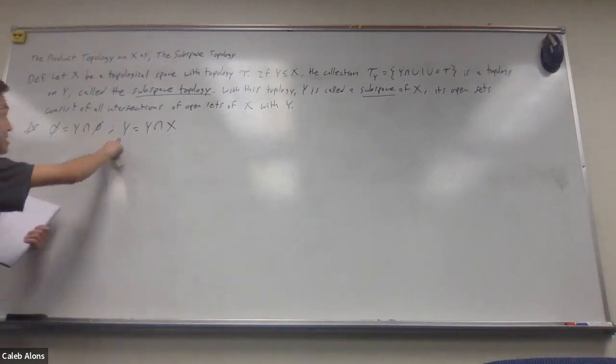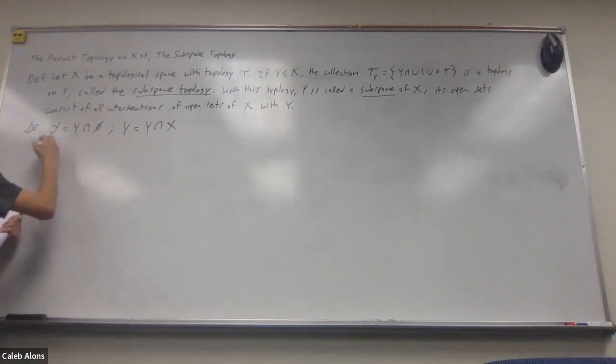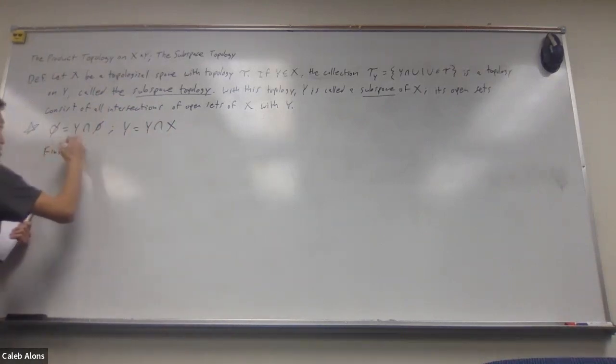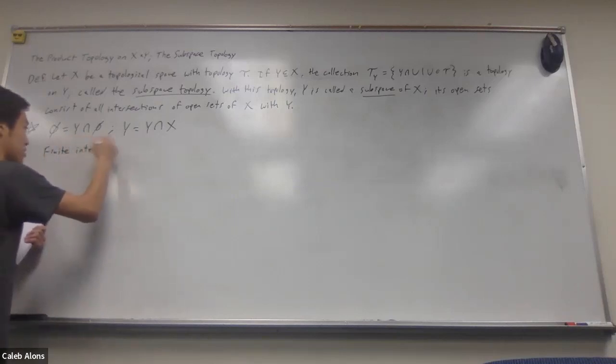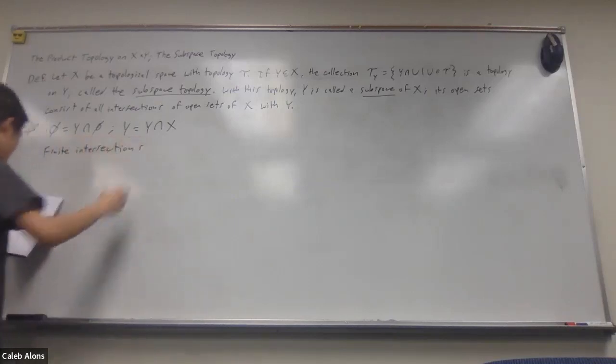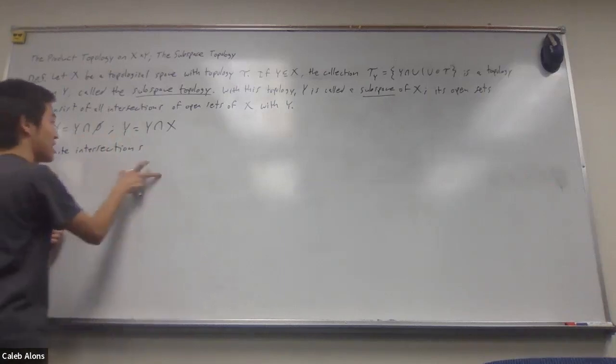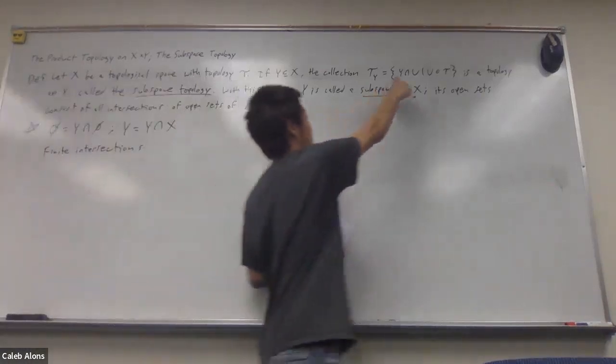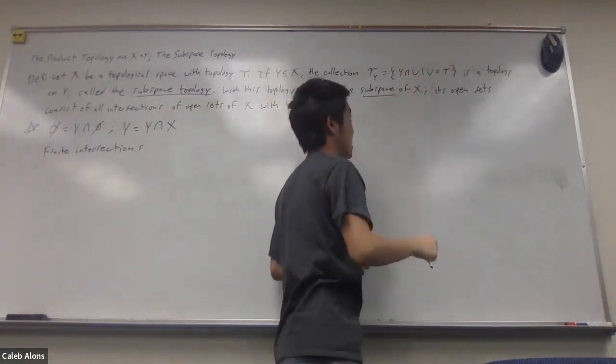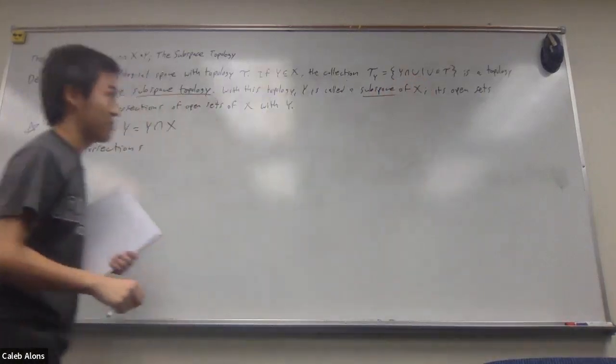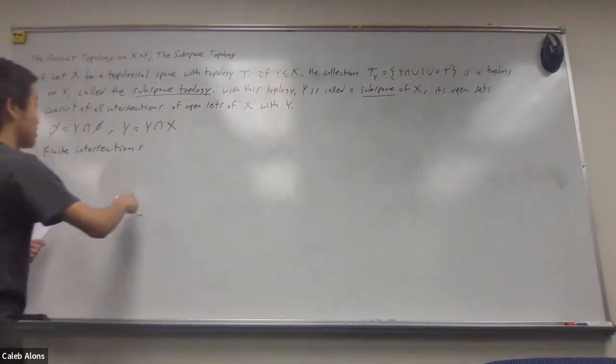In this case, the set is the subset. And for finite intersections, we essentially want to show that if I take finite intersections of Y intersecting various open sets in X, then that in itself is also going to be open in Y.